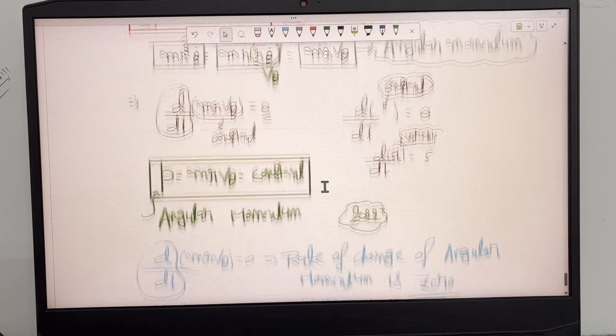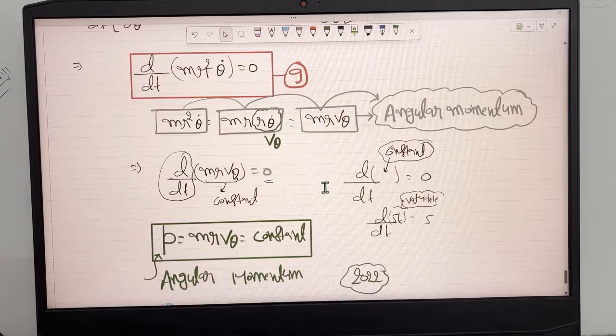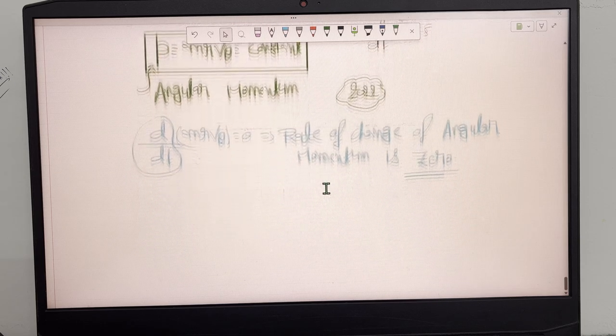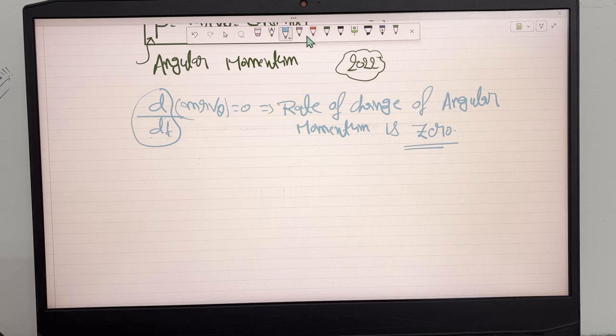Okay, so please pay attention. They can ask in future questions like: in which case is the rate of change of angular momentum 0? They might give options. Let me guess one question.